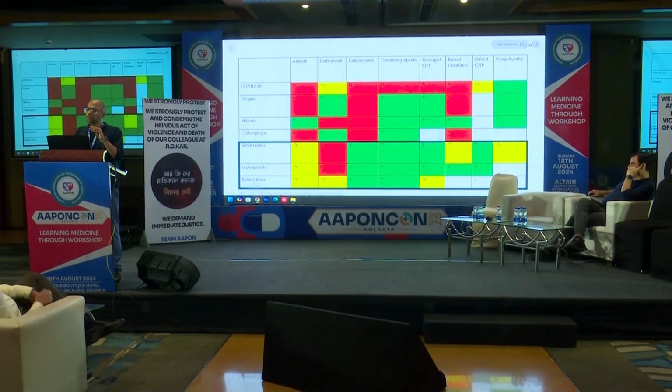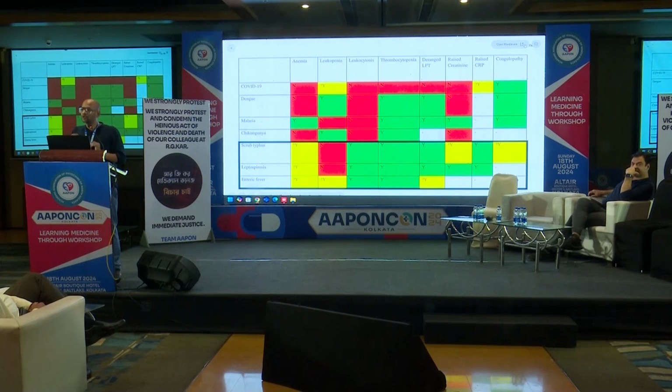When you see the laboratory features, there are certain features that will help you. Leukopenia is something that you'll see very commonly with dengue or any viral infection for that matter. When there is a chikungunya outbreak, leukopenia is also very common. Leukocytosis is not that common, though it can be seen with dengue. But if you see a patient with leukocytosis, you're thinking more towards bacterial infection.